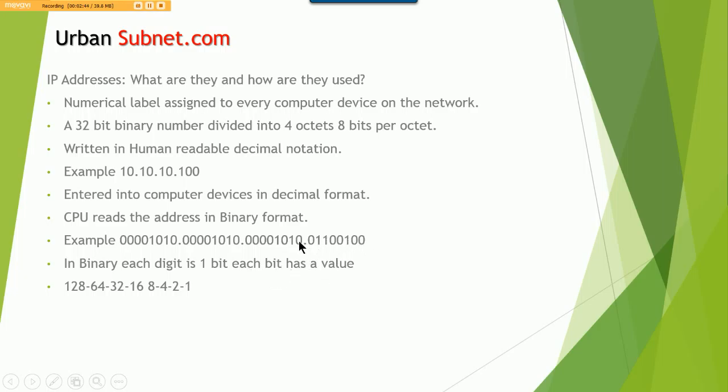If we look at the last octet here, in this example of this binary IP address, 1 means that a bit is on, 0 means that a bit is off. So in this last octet, the last 2 bits are off, so their value is 0.